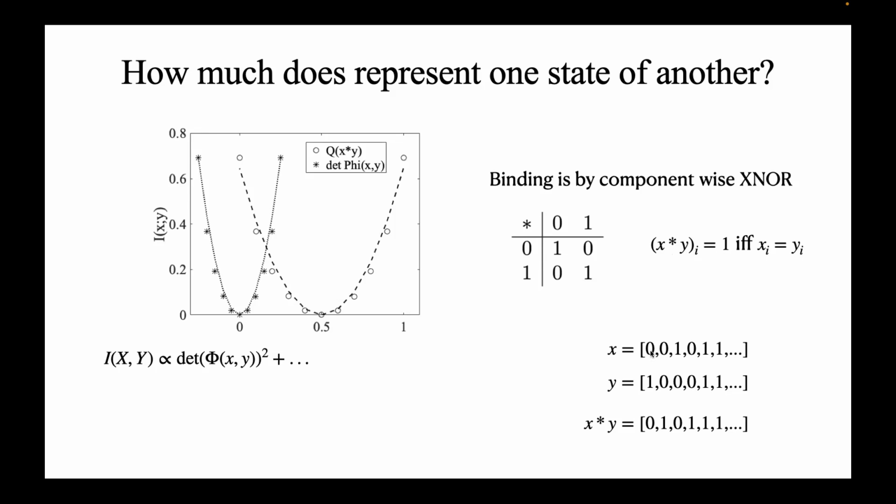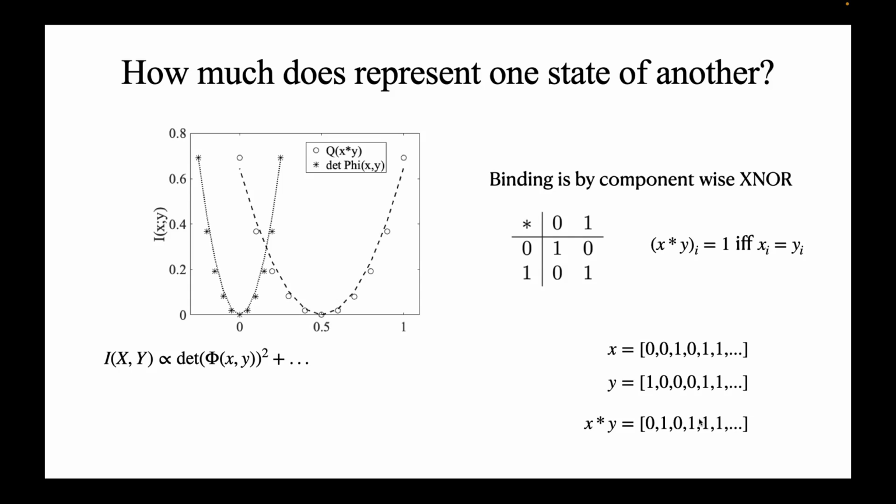So if we have an x here with 0, 0, 1, 0, 1, 1, and the y over here, you have here a 0 in binding, here you have a 1 from binding, here you have a 0 in binding, a 1, and so nothing great happens. This is the binding operation I consider.